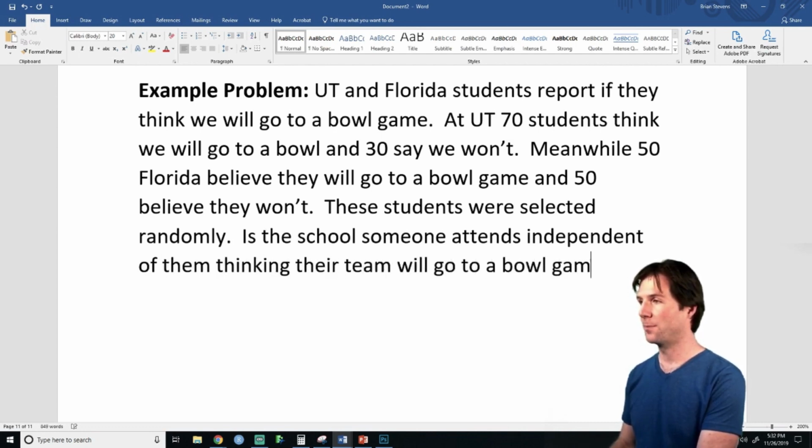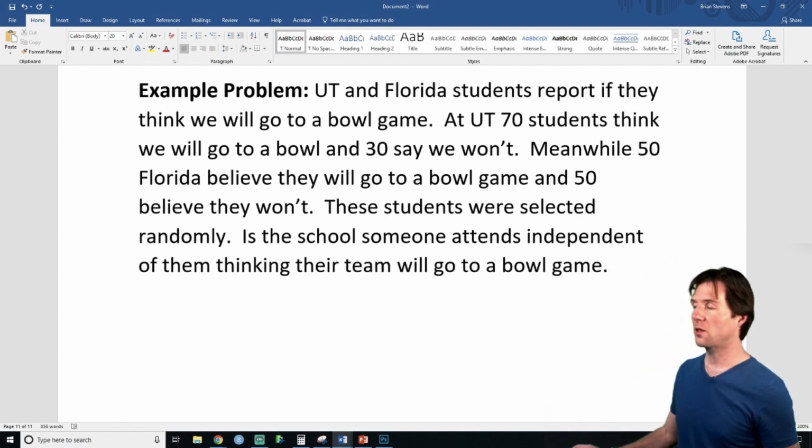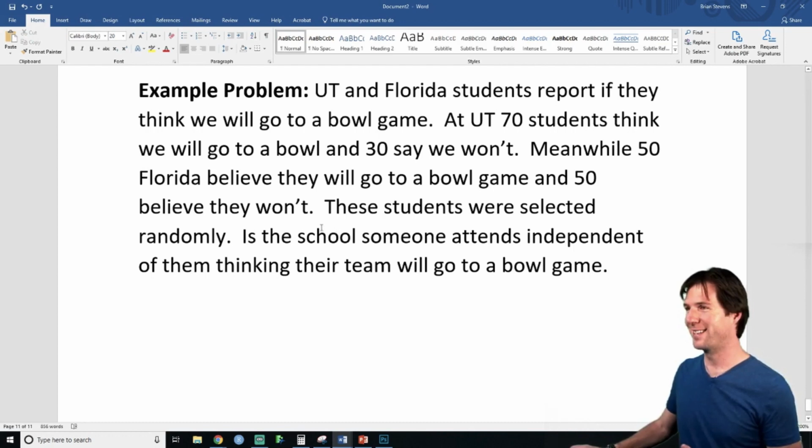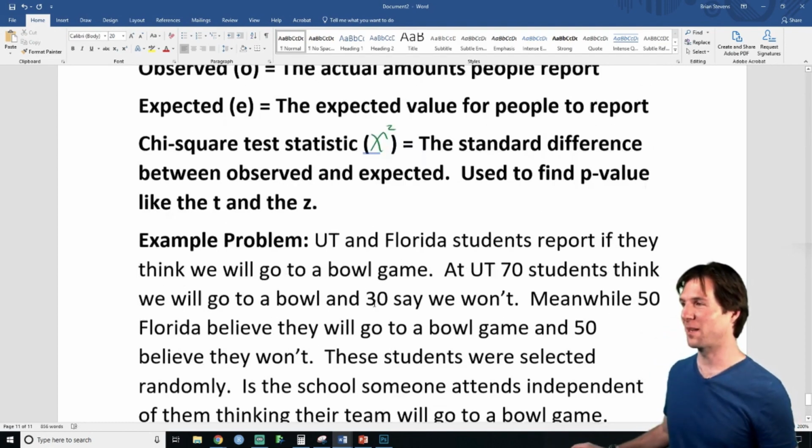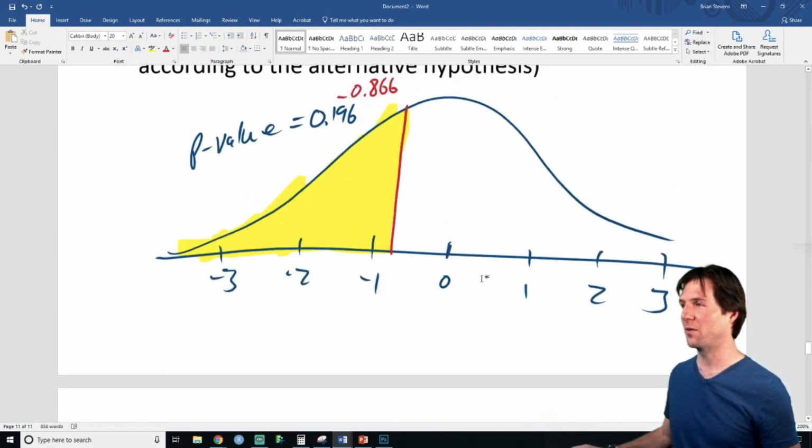Is the school someone attends independent of them thinking their team will go to a bowl game? Let's go with that. Grammar, we're not here for that.